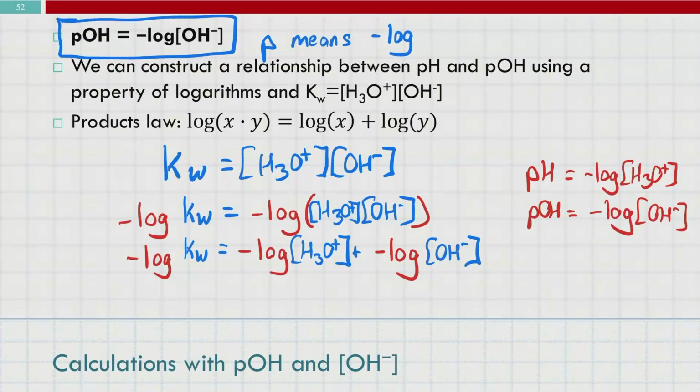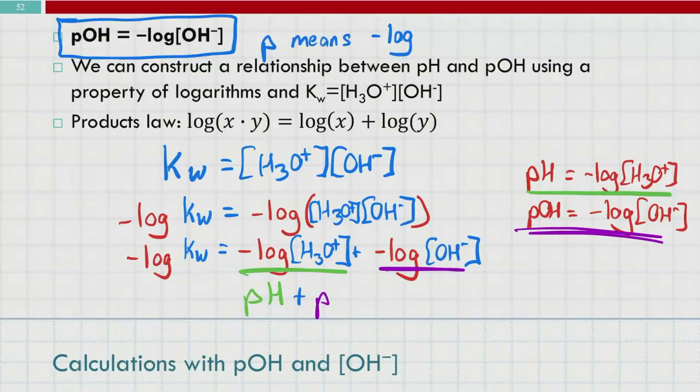So we can plug in from each of these. We can plug in pH for negative log H3O plus. We can plug in pOH for negative log OH minus, and we'll still have this plus left over. So pH plus pOH.